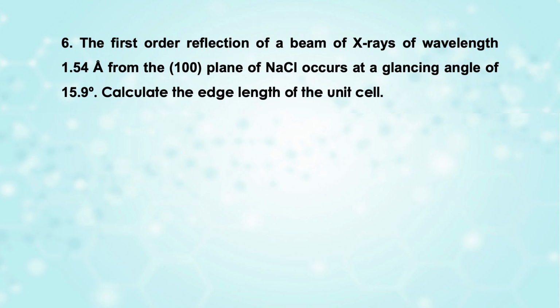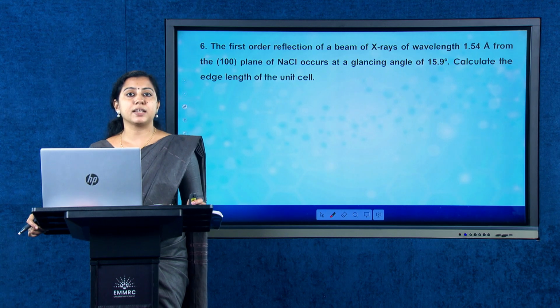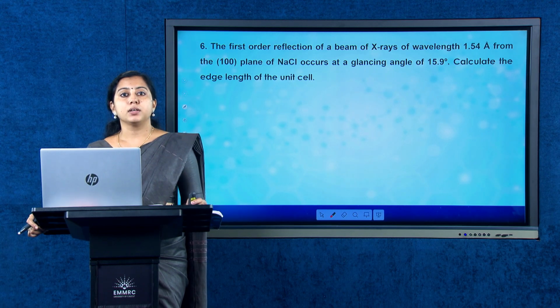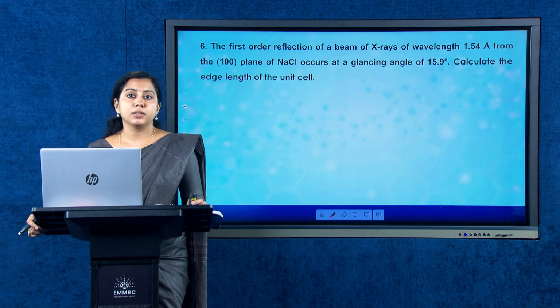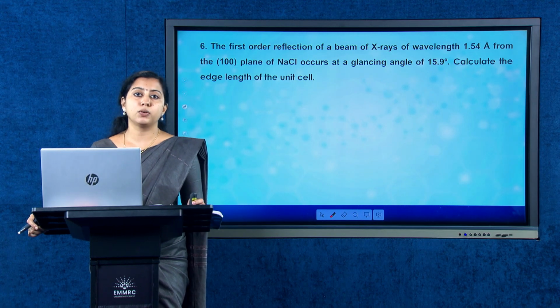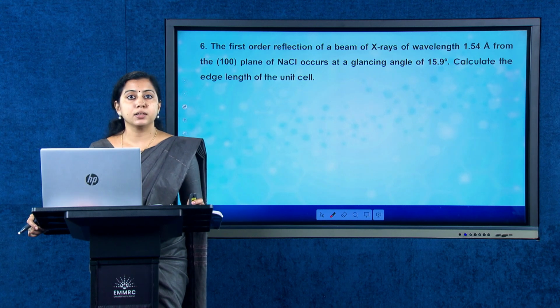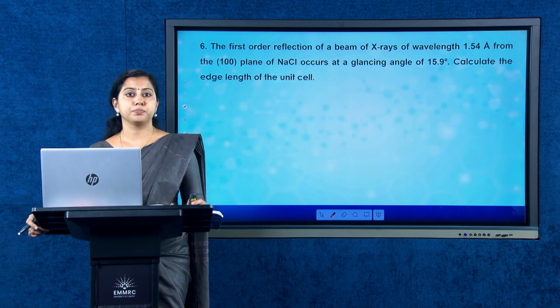Calculate the edge length of the unit cell. So, this is a slightly different question. You have to find out the edge length of the unit cell, that is edge length A, using Bragg's equation. So, let us see how to solve this.